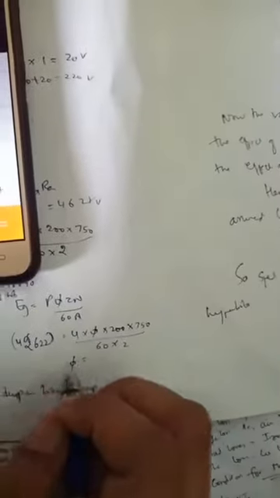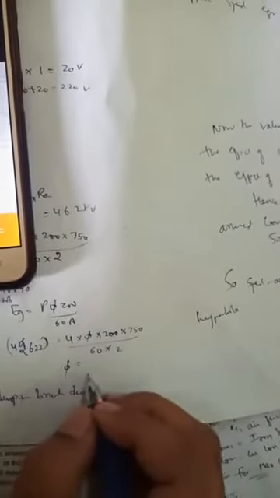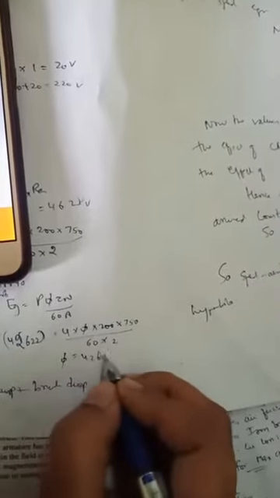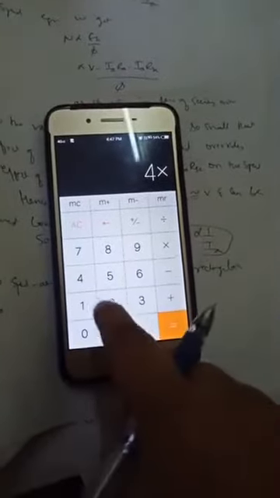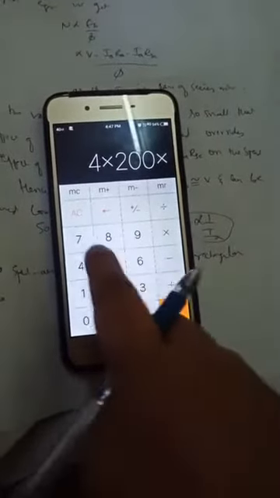Then we have to substitute this value 42622 in the EG equal to P phi Z n by 60A equation. So substitute all the values and find out the value of phi. So phi will be equal to this 42622 into 60 into 2 by 4 into 200 into 750. So numerator I got as 5114640. Denominator is 4 into 200 into 750.